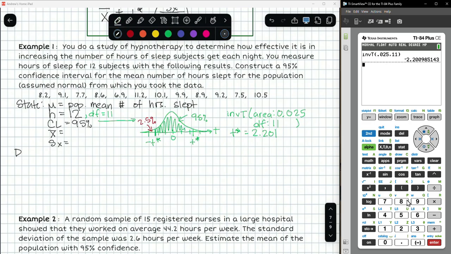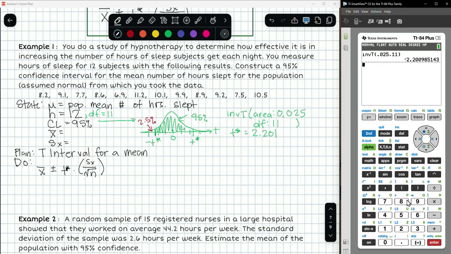For the plan stage, I am building a t-interval for a mean instead of a z-interval for a mean. For my do, I know that changes my formula. That's x bar plus or minus t star times Sx over root n.